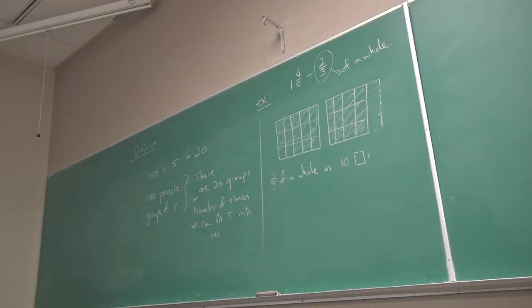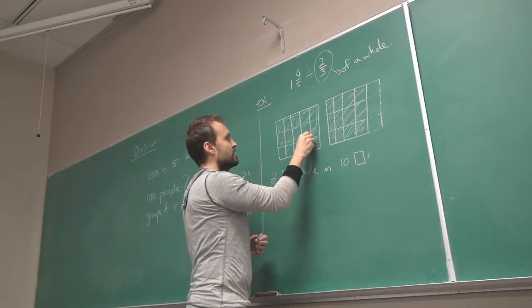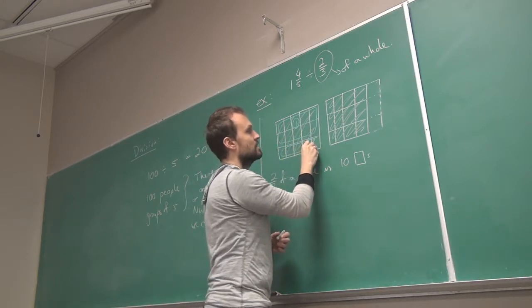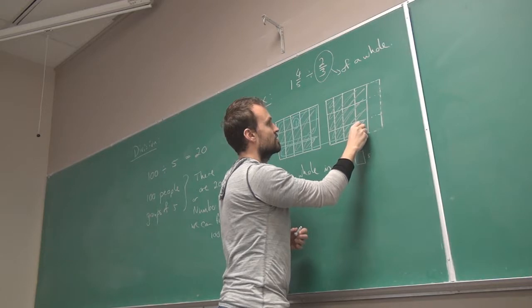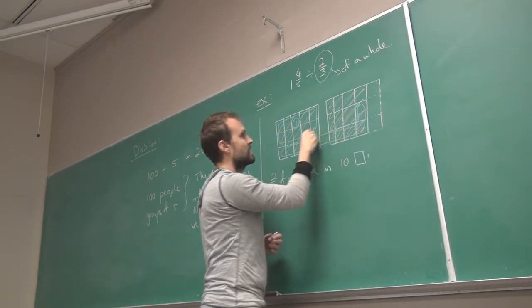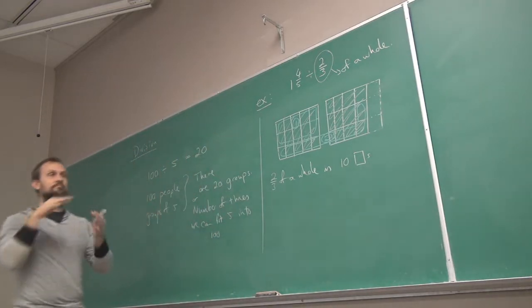So I'm making groups of 10 squares. 1, 2, 3, 4, 5. 1, 2, 3, 4, 5, maybe like that. Doesn't matter which order they are, as long as I group them.